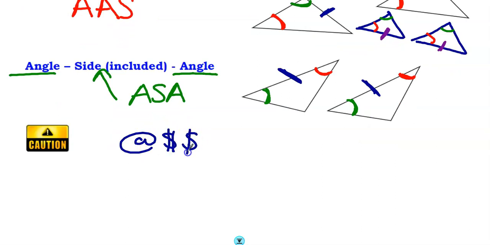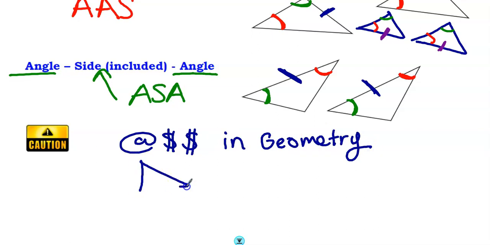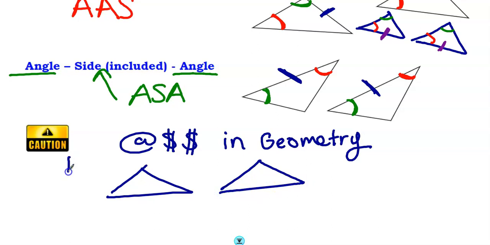Oh my gosh. So there's no ASS in geometry. I can't have two sides and an angle that isn't between them. Oops, I won't do that one. Let me draw different ones, y'all, because I don't want you to get confused. So you can't prove these with ASS. No way, Jose.